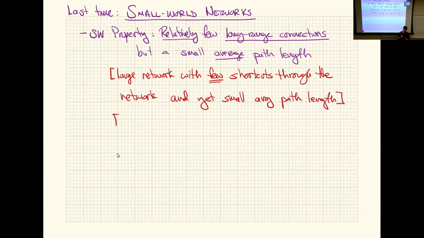And you can think of this like air routes. If I want to get from one place to another, there may not be a nonstop flight. But even if I'm in a location that doesn't have a nonstop flight to really anywhere, I probably don't have to take more than 2, maybe 3 hops.